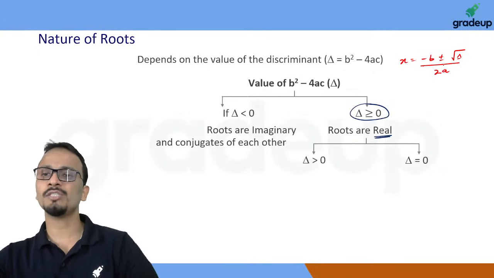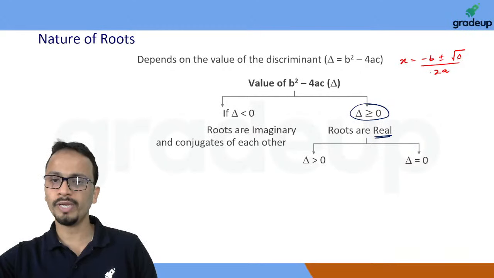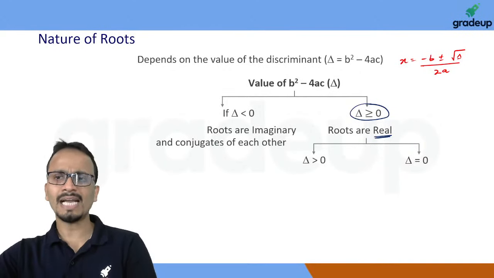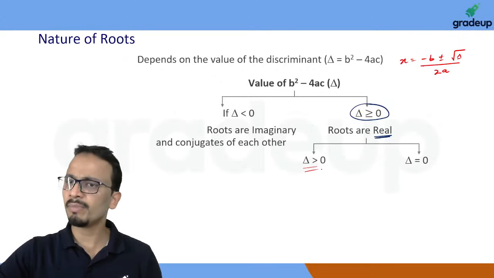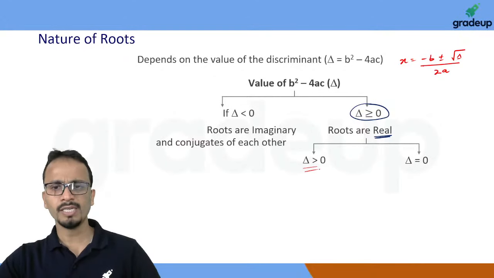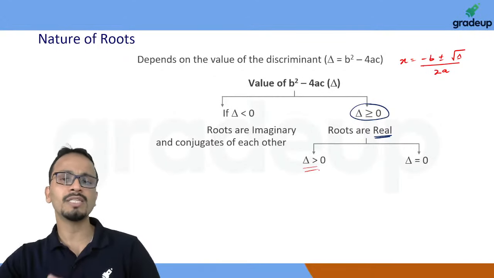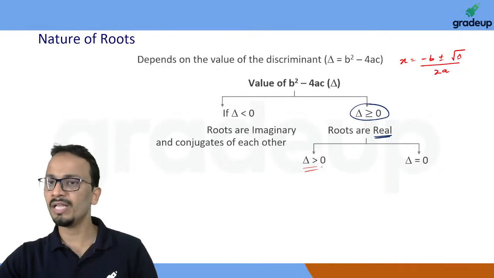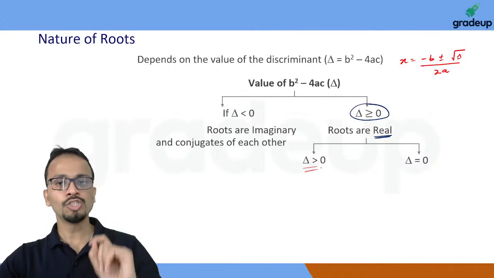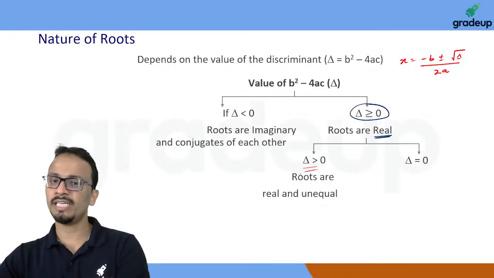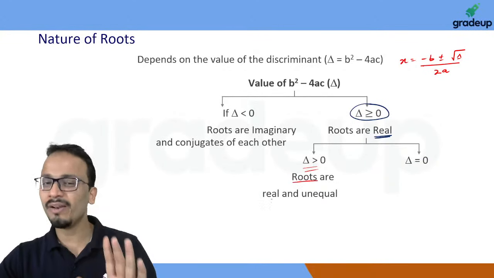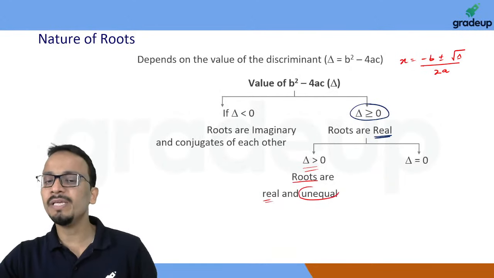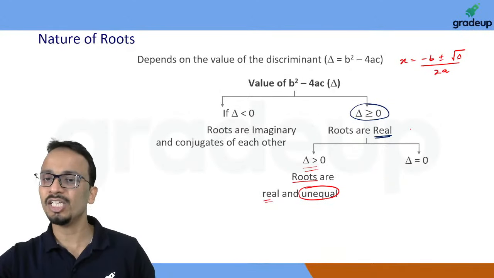All right, so the roots are minus b plus minus under root delta upon 2a. Now it is clearly evident that if delta is greater than 0, I will have a positive number in the square root. Such numbers are real numbers. So if delta is greater than 0, definitely the roots will be real, and they will be different, unequal roots.